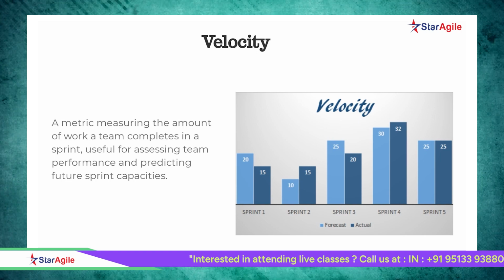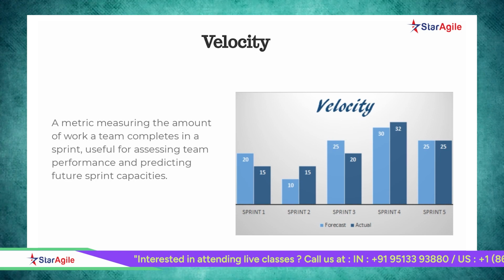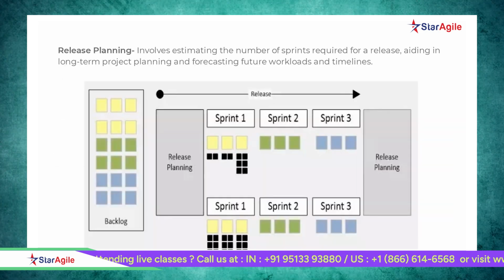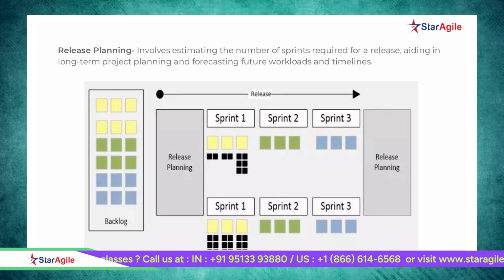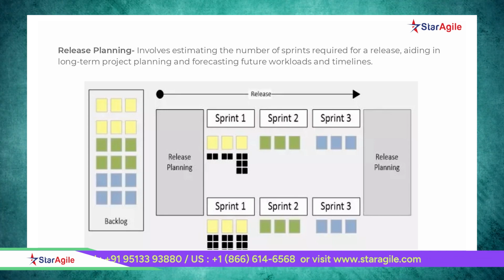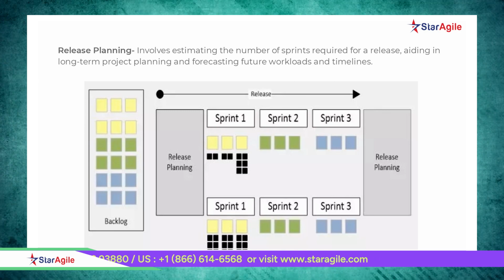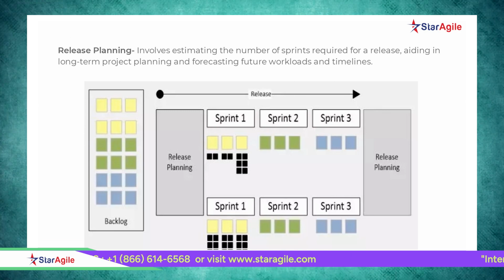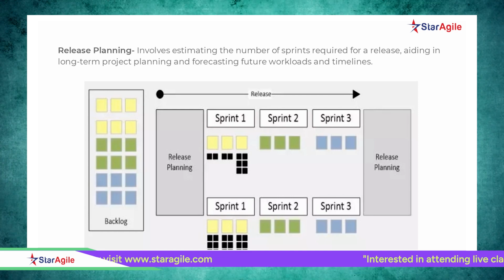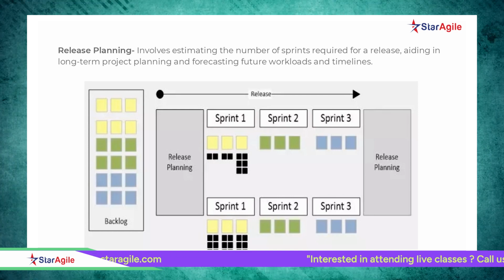Release planning in Agile is a strategic process that involves determining the number of sprints required to achieve a release, along with the scope and timing of the release. It provides a long-term vision that guides iterative development, ensuring that the team remains focused on delivering the most valuable features to users.